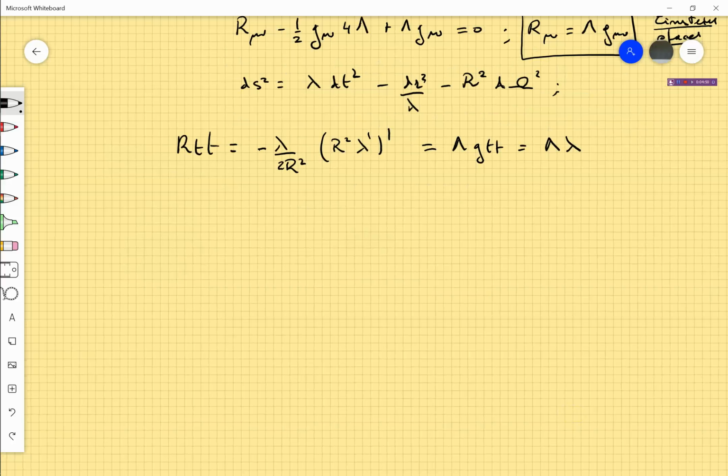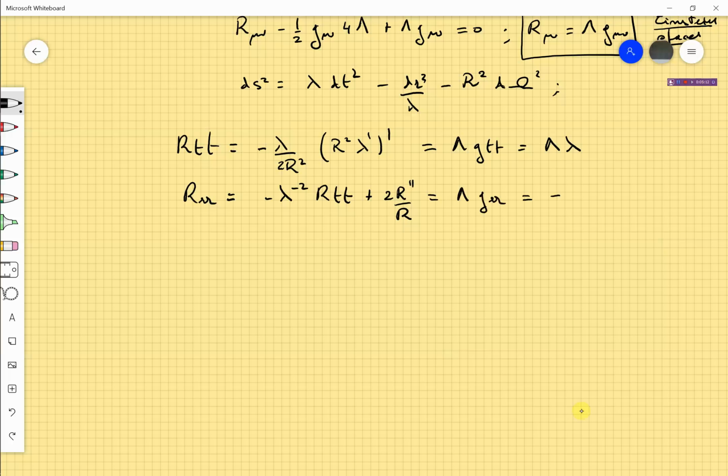First I write all of them. Remember, this is minus capital lambda double prime minus 2 R tt plus 2 r double prime over r, and this is lambda g rr, but this is minus capital lambda divided by lambda.